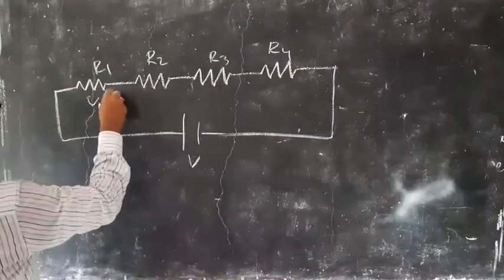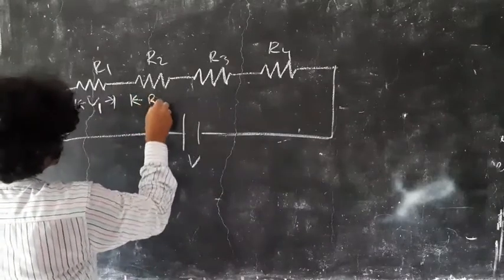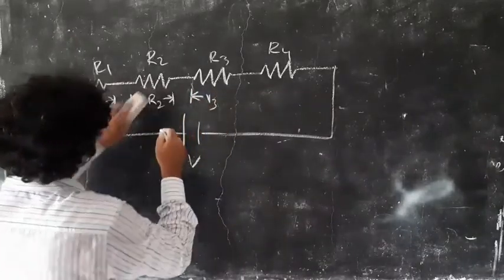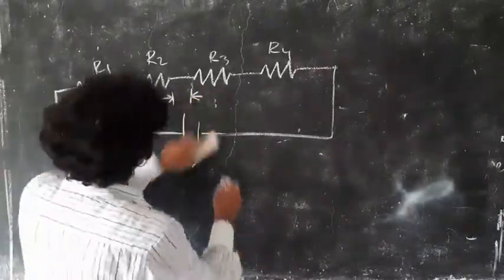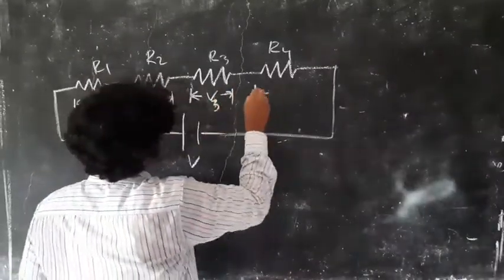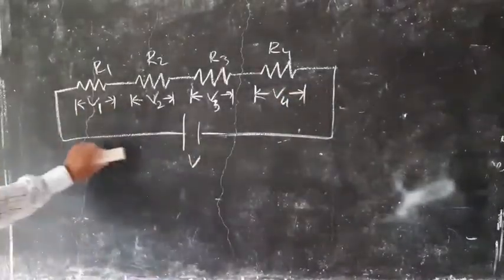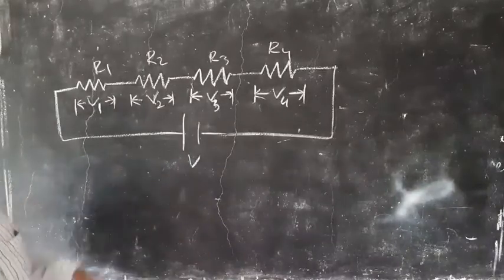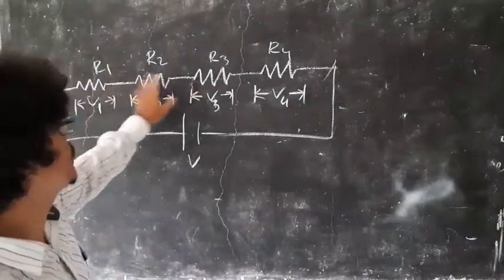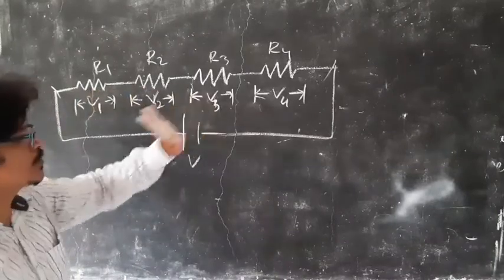Let us say V1 is the potential difference across R1, V2 is the potential difference across R2, V3 is the potential difference across R3, V4 is the potential difference across R4. Between these 2 points there are 4 resistances, and the potential differences across them are V1, V2, V3, V4 respectively.